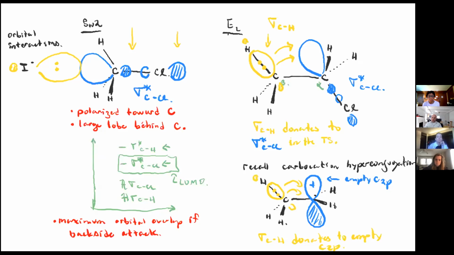But you can construct the same, we did the orbital diagrams for hyperconjugation. You can do the same thing here, okay? And obviously the placement of the AOs and the energies of the resulting MOs are a little bit different, but qualitatively the trends are exactly the same, okay? And so it's that donation that is important in the transition state.